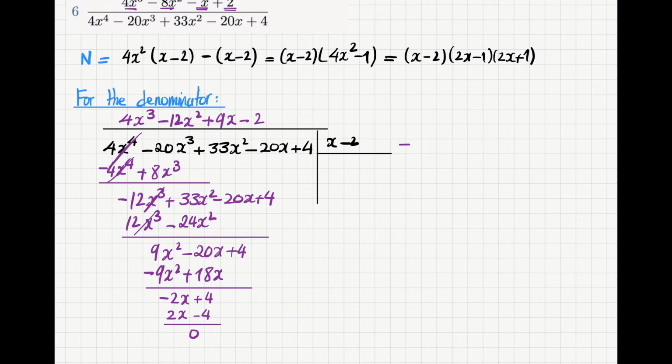So this implies that the numerator is equal to x minus 2 times this quotient, which is 4x to the 3 minus 12x squared plus 9x minus 2. Okay, but first of all, you see that, sorry, this is denominator, not numerator.